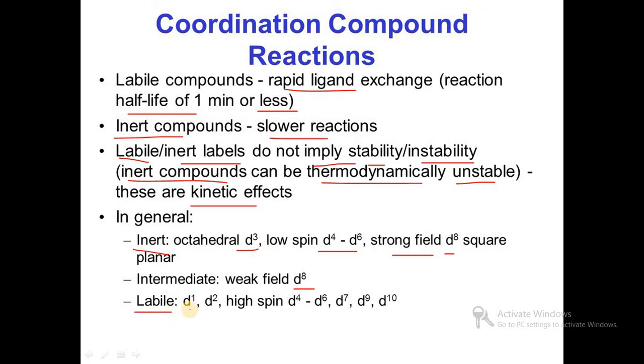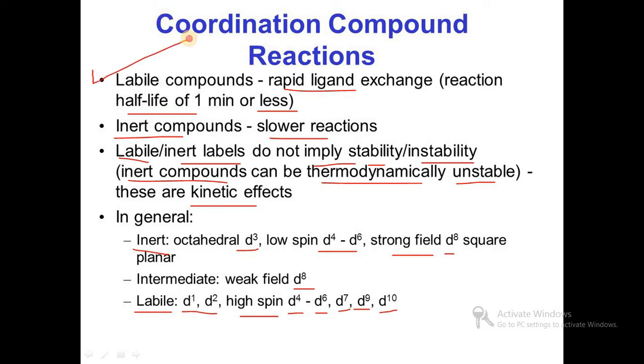Labile ones are d1, d2, d0, high spin d4, d5, d6, and d7, d9, d10. So these are the distinguishing features of labile and inert.